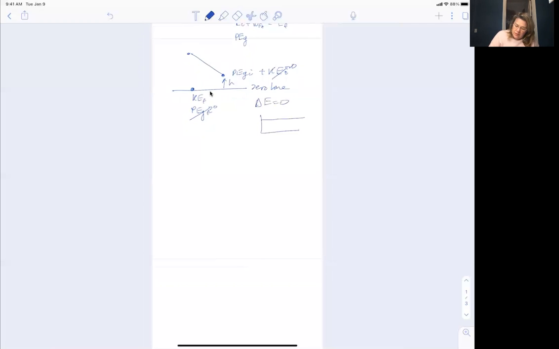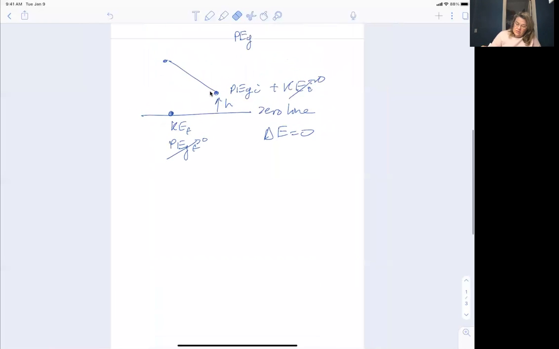Potential energy would be increasing and decreasing and increasing and decreasing, depending on what they're asking for. Actually, there's not a graph on this one, but it just depends on what they're asking for. If it's versus time, it's not linear. If it's versus height, it is linear. Okay, let's keep going.